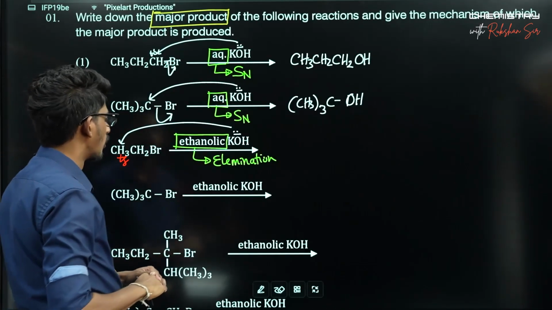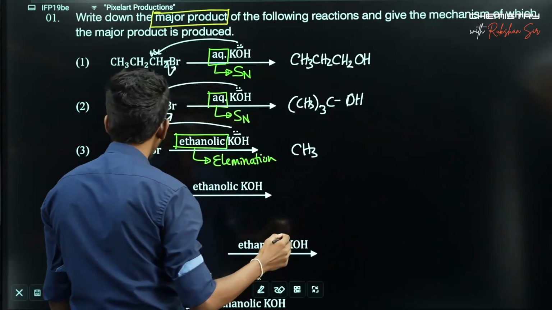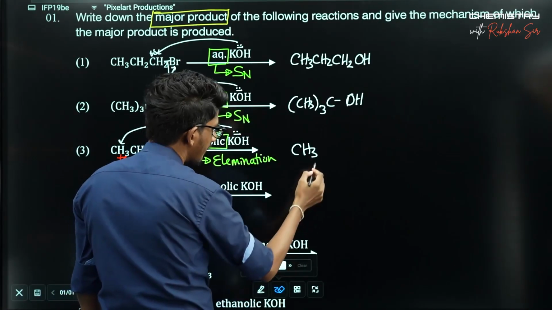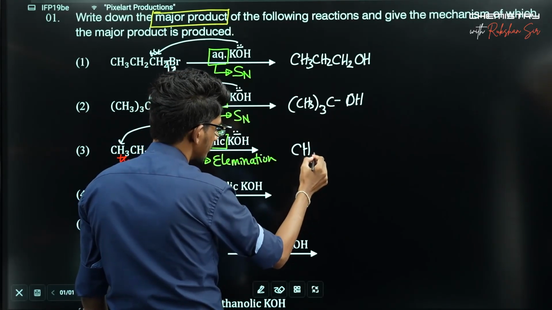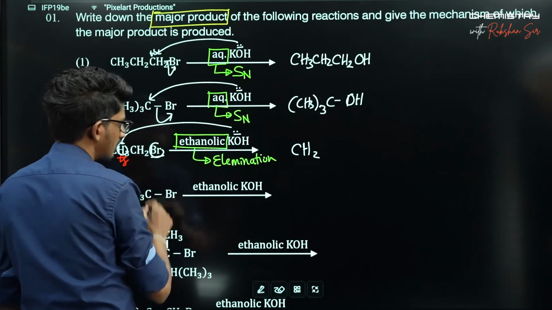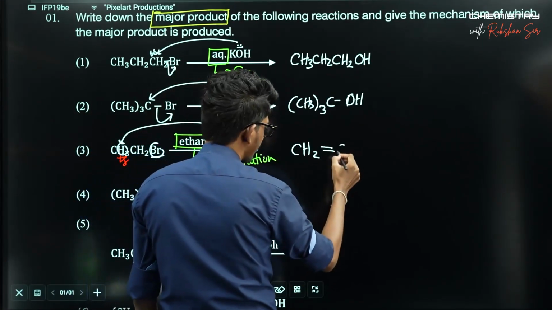Forming you kind of an alkene. That hydrogen will leave. With this Br, these two will leave, so that you will get a double bond at that place.